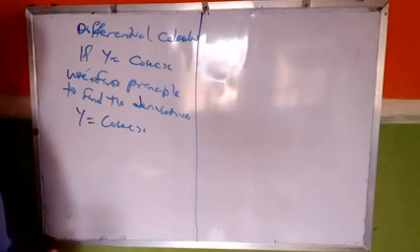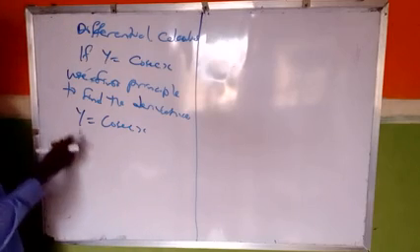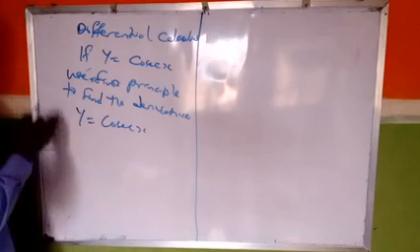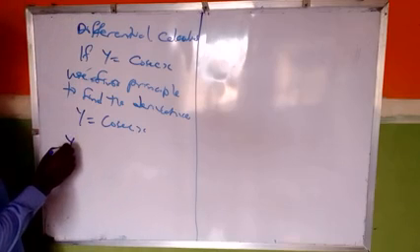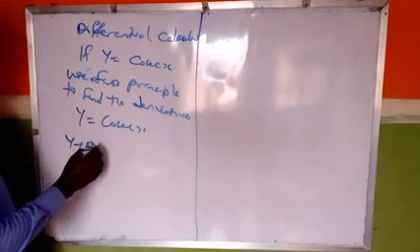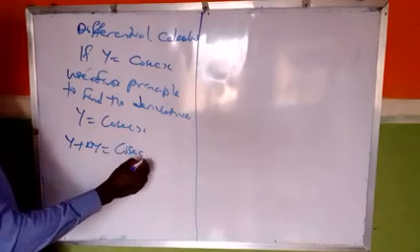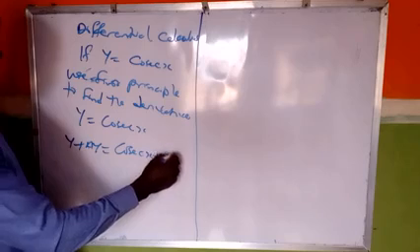Now again, as you know, we want to look at the rate of change of y with respect to x. Therefore, here you have y plus change in y equals cosec of x plus change in x.